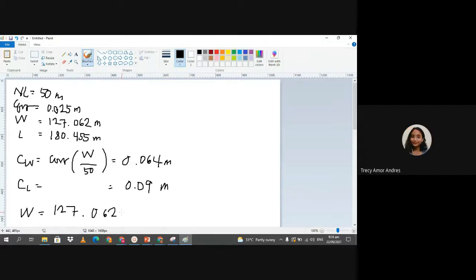Subtract, sir. Okay, we deduct 0.064. So the correct width is 126.998 meters.